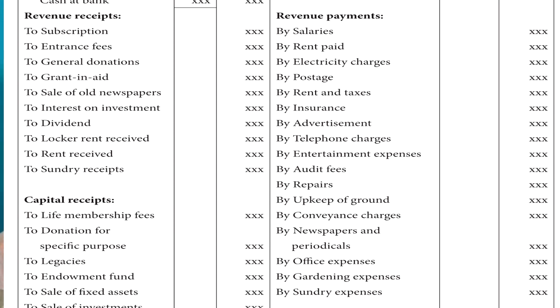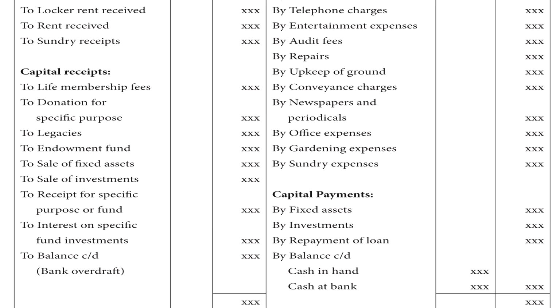Then revenue payments: by salaries, by rent paid, by electricity charges, by postage, by rent and taxes, by insurance, by advertisement, by telephone charges, by entertainment expenses, audit fees, repairs, by upkeep of ground, by conveyance charges, by newspapers and periodicals, by office expenses, by gardening expenses, by sundry expenses. In the same way all capital payments: by fixed assets, by investments, by repayment of loan, by balance carried down, that is cash in hand and cash at bank.